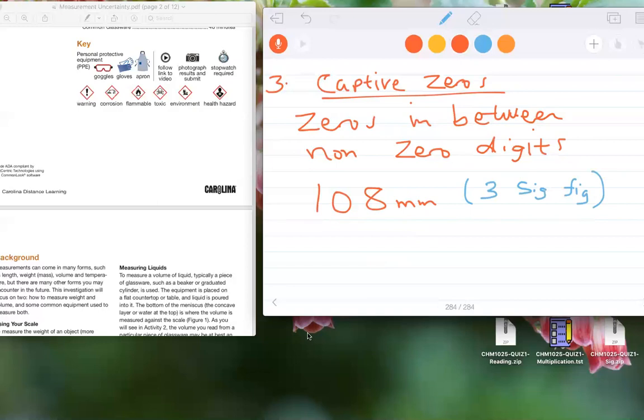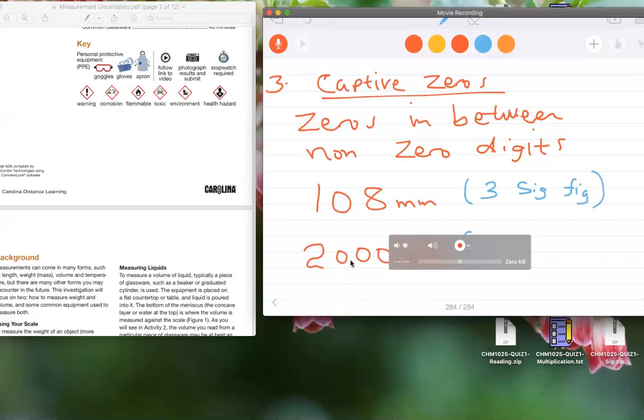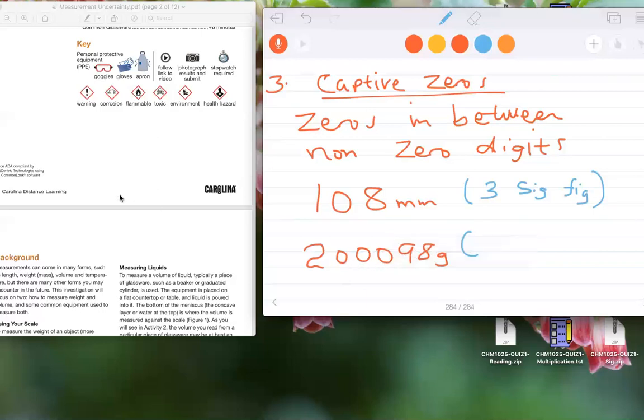I can have a number such as 200,098 grams, for example, and the zeros in between, these zeros right here, do count as significant digits.